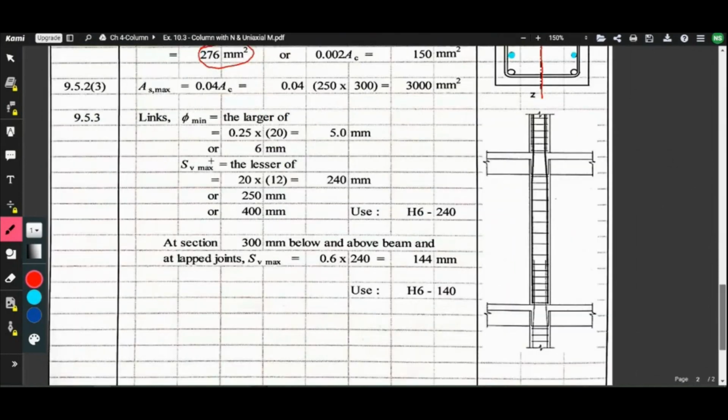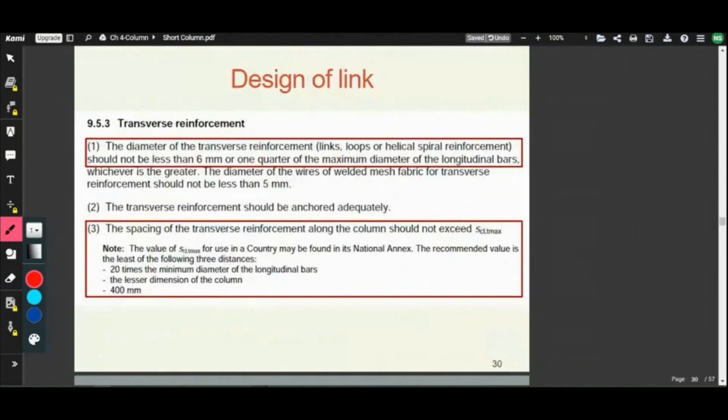For minimum link diameter, it is the maximum of 6 mm or 1/4 of the maximum diameter of longitudinal bar. It should not be less than 6 mm.